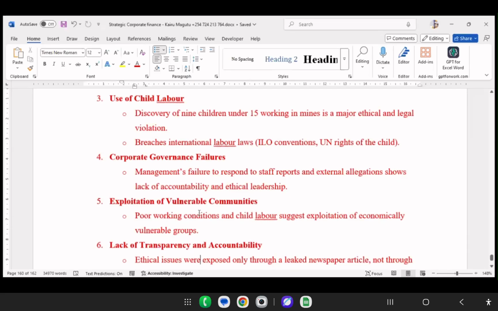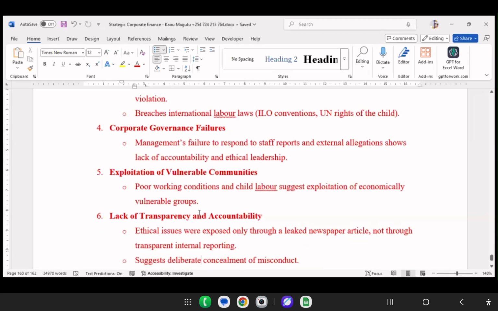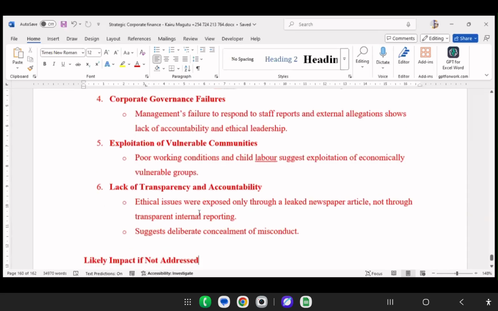Management's failure to respond to the staff report and the external allegation shows a lack of accountability and ethical leadership. Number 5, exploitation. We have the issue of exploitation of vulnerable communities. Poor working conditions and child labor suggest exploitation of economically vulnerable groups.